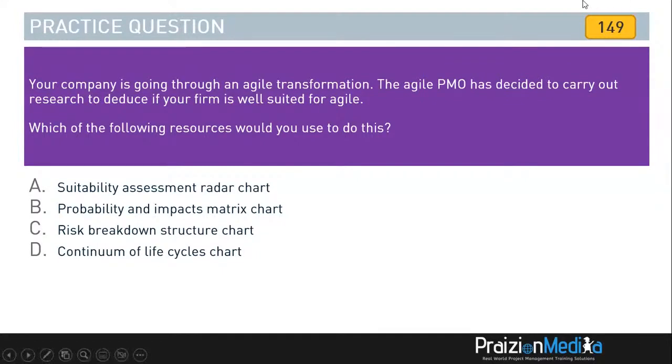Now, using the process of elimination, it says going through an agile transformation. How do you know if your firm is well suited for agile? This is very specific. So using the process of elimination, there are some things that don't help us know if a firm is well suited for agile. It would not be the continuum of life cycles chart.